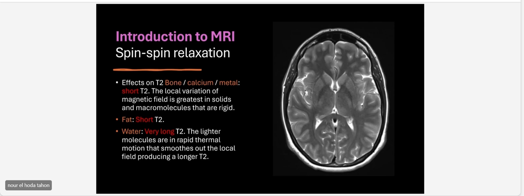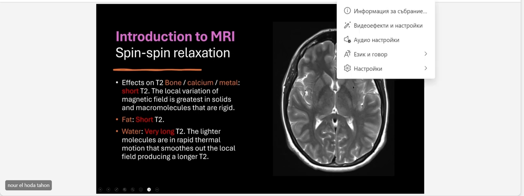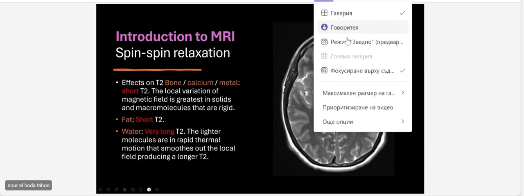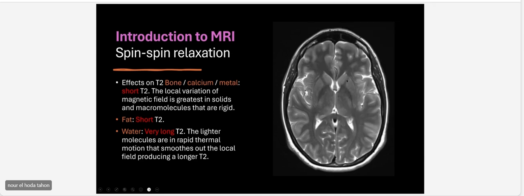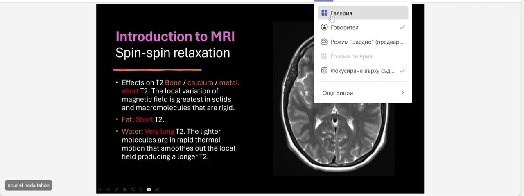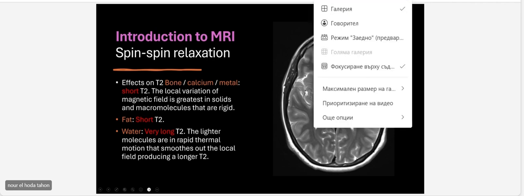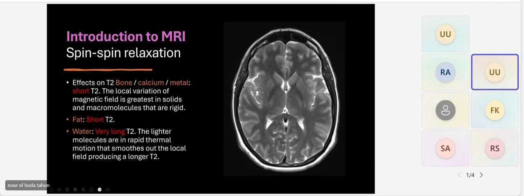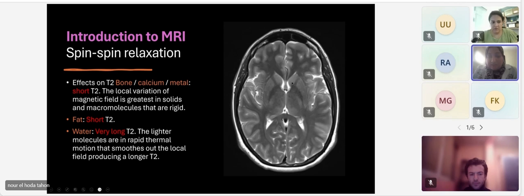This is due to, as we said, the fat and the myelin sheaths and the other components in the white matter. And again, this is gray matter, right? So in T2 the gray matter is brighter than the white matter. You can differentiate, for example, the caudate, the putamen, the internal capsule, and the external capsule.